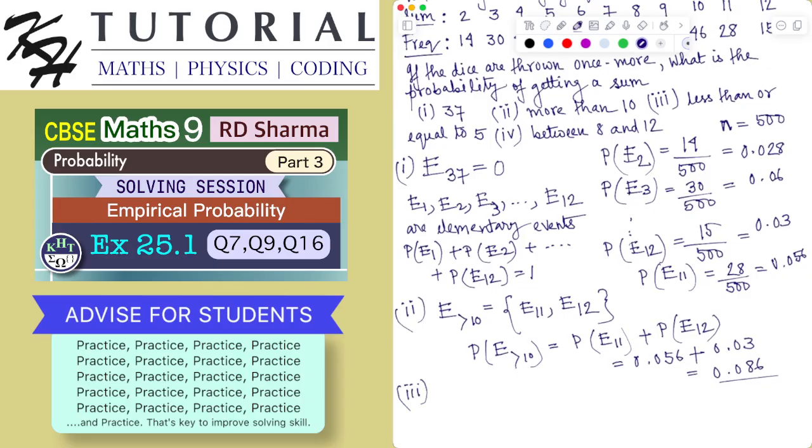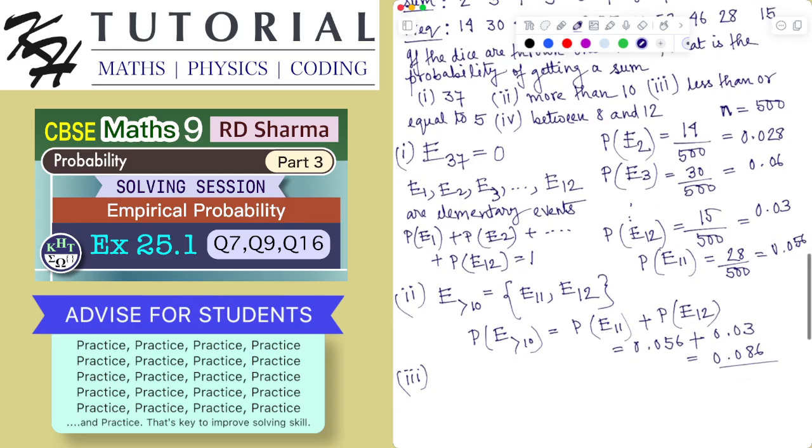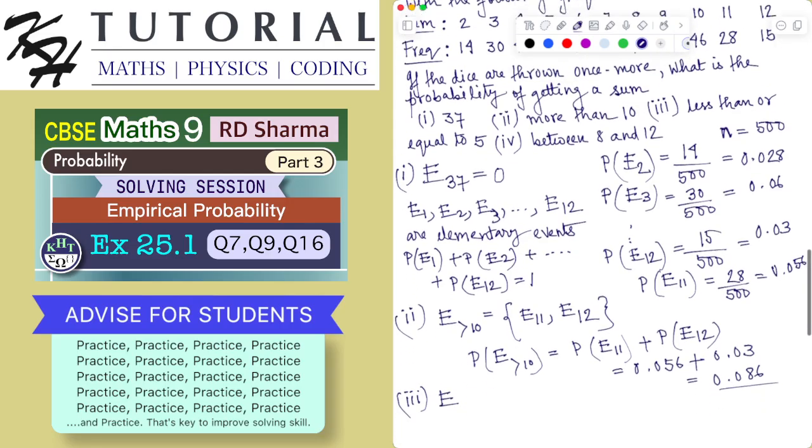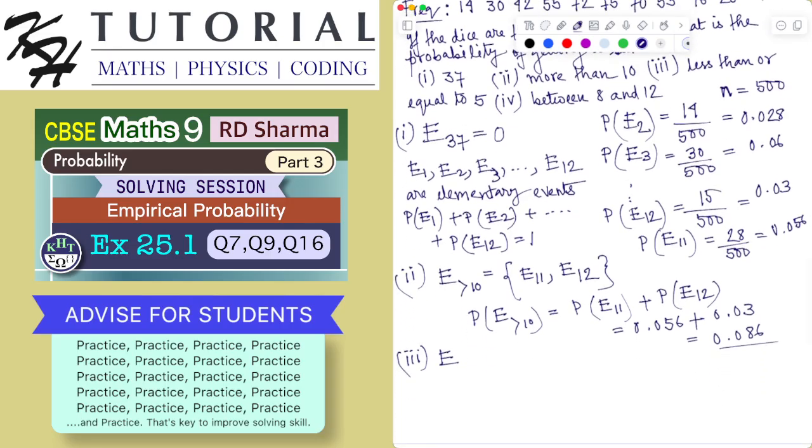Part 3, less than or equal to 5. So let's say I am naming the event that the sum of the two numbers appearing on the top of the two dice is less than or equal to 5.